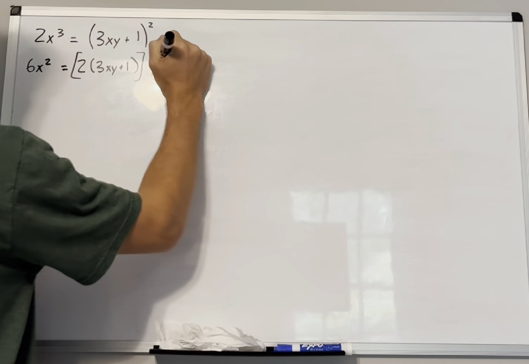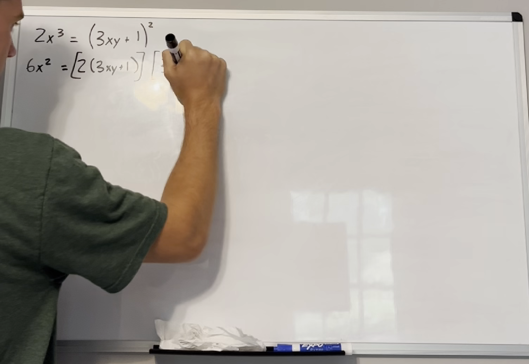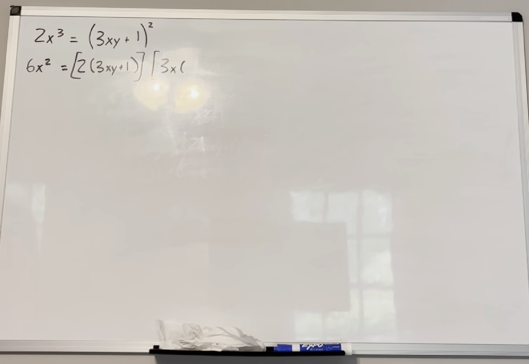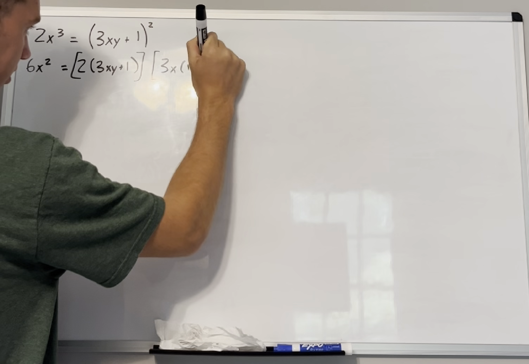So 2 prime 1, or 1 prime 2, so 3x, and the derivative of 1y is just going to be 1. But then because it's y, you have to add a dy over dx.